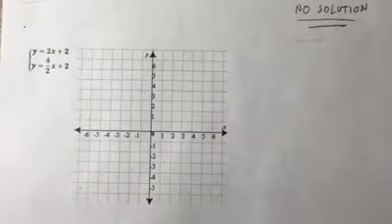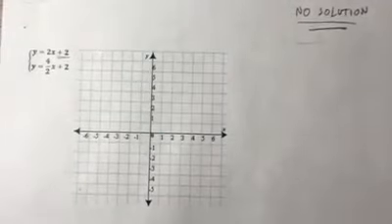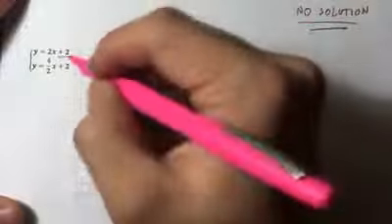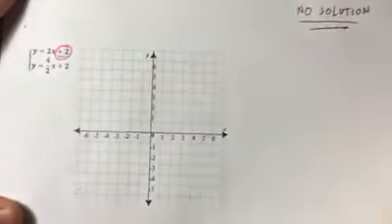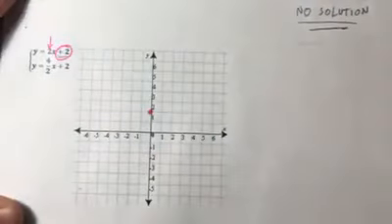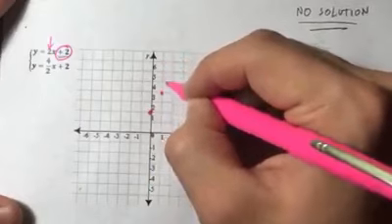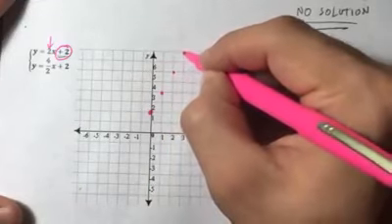So just like we've done for the last two, we're going to start by plotting our y-intercept and using our slope to draw the rest of the line. So the y-intercept here is +2, and then our slope is also +2, telling us we're going to go up 2, right 1, up 2, right 1, up 2, right 1.